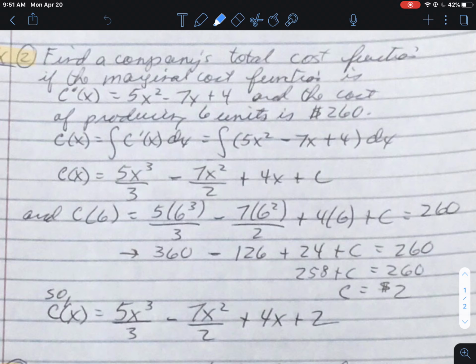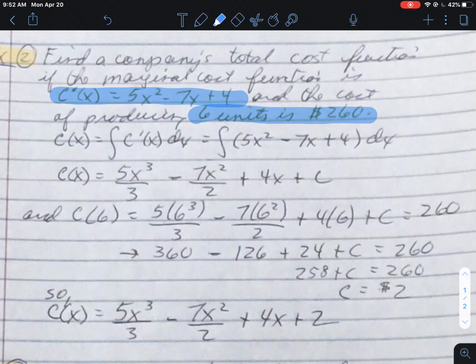So we know the marginal cost function, C prime, in this case 5x squared minus 7x plus 4. We're also given that the cost of producing 6 units of our item is $260. So we've got our marginal cost, C prime, and a specific cost for 6 items.